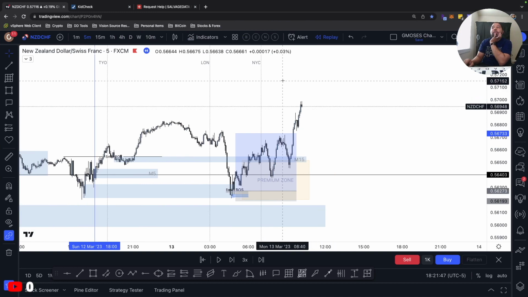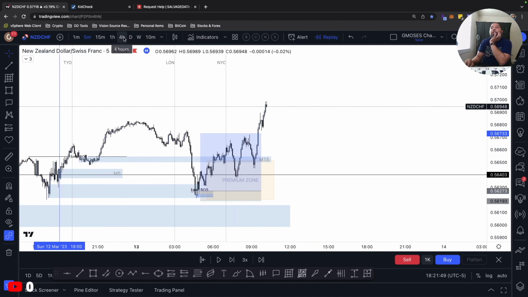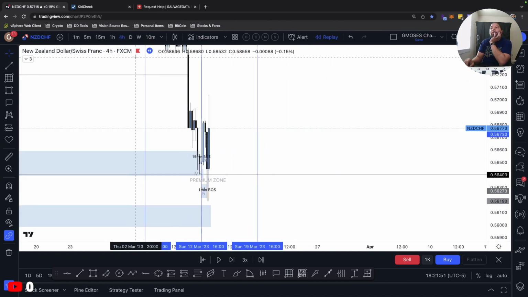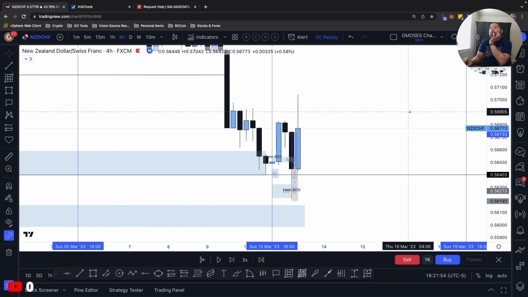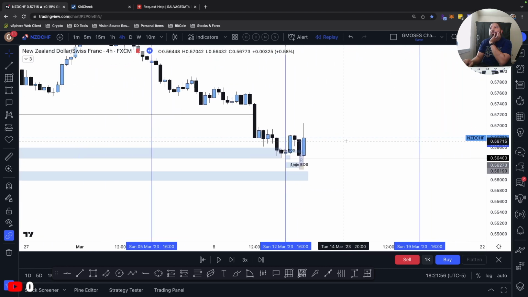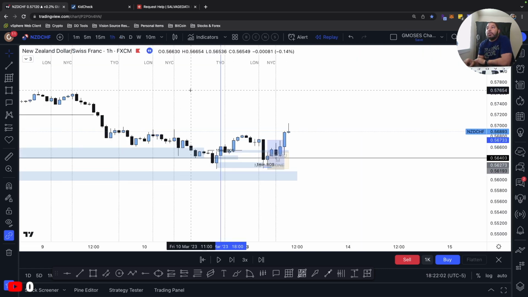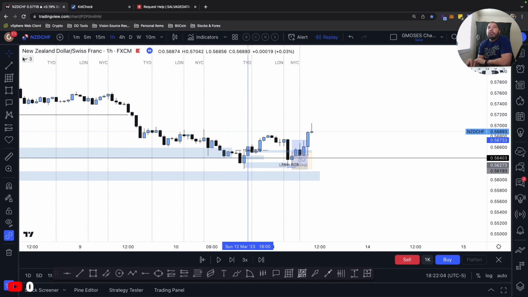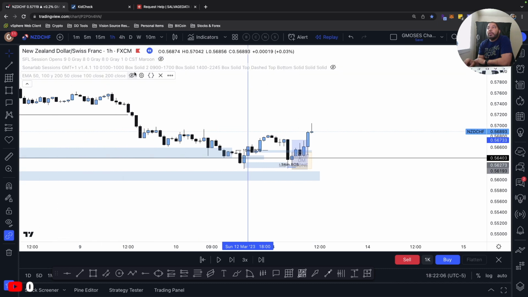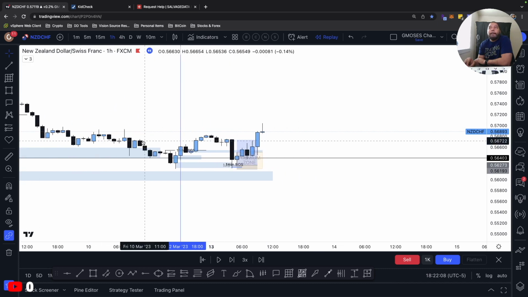All right, so let's look at a higher time frame. And let's go ahead and look at see exactly what price is doing now. So we can see price is still kind of bearish, but we kind of just rode the market in that area. Let's go down to the 1 hour. We can actually see, let me take this off so we can see exactly what's going on. All right, let's play price.